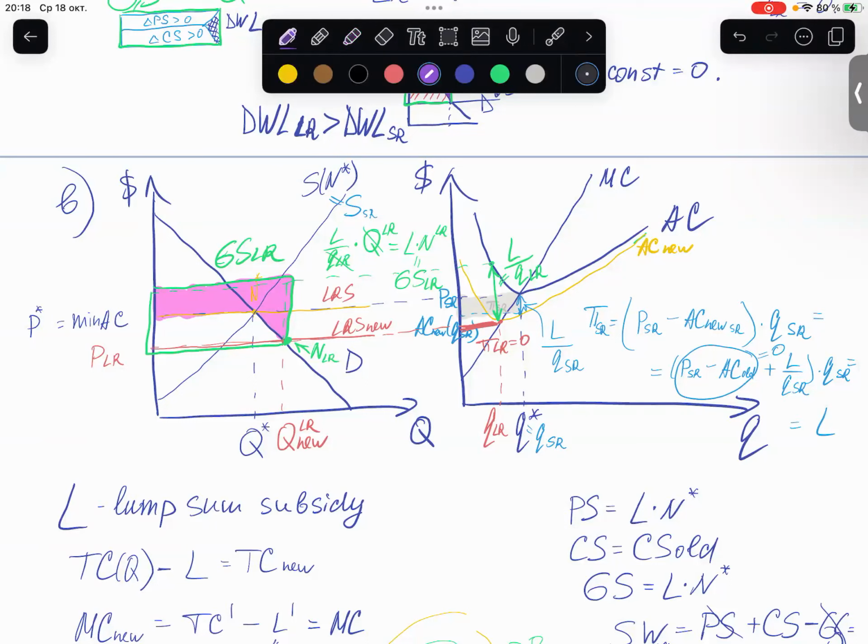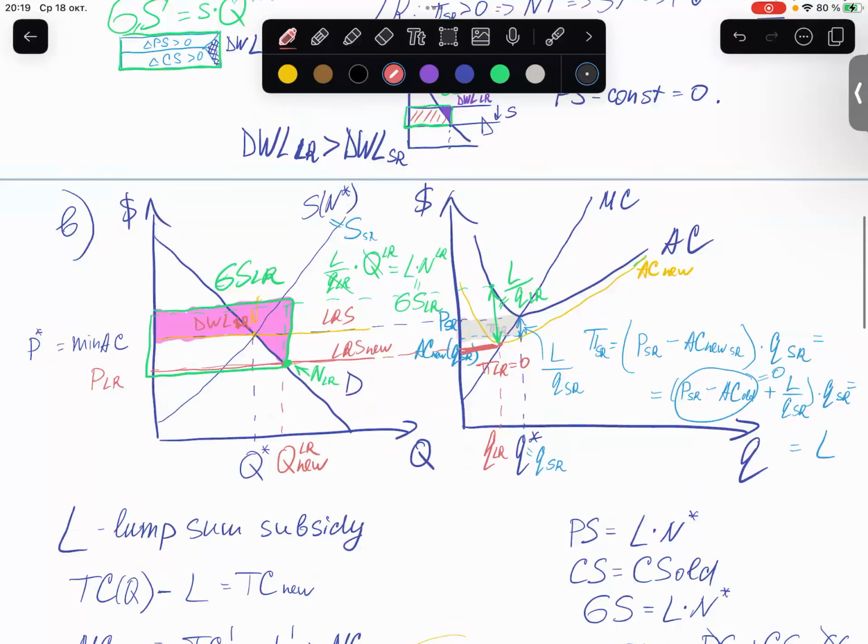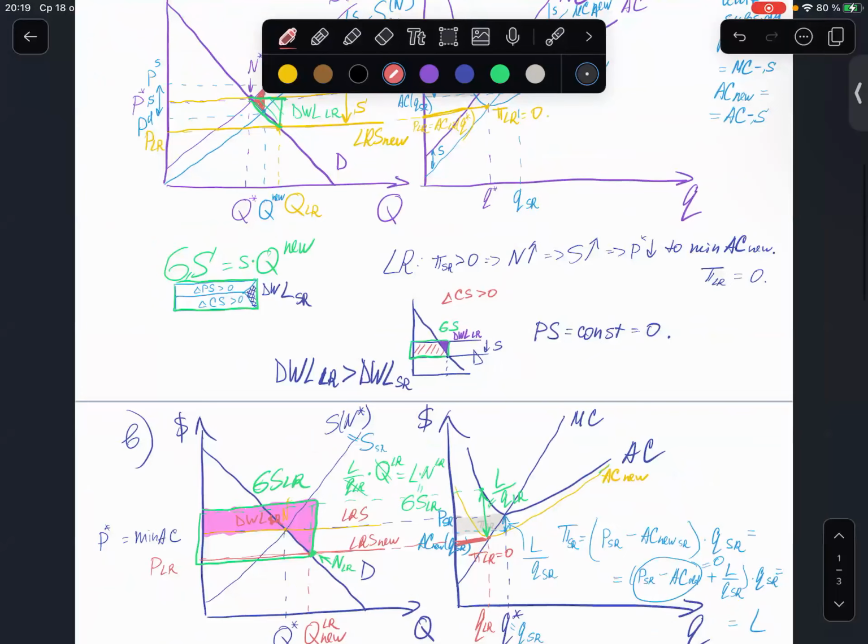So this is deadweight loss in the long run if we have lump sum subsidy. In the short run, deadweight loss with lump sum subsidy is equal to 0, but in the long run, deadweight loss are huge compared to deadweight loss with per unit subsidy.